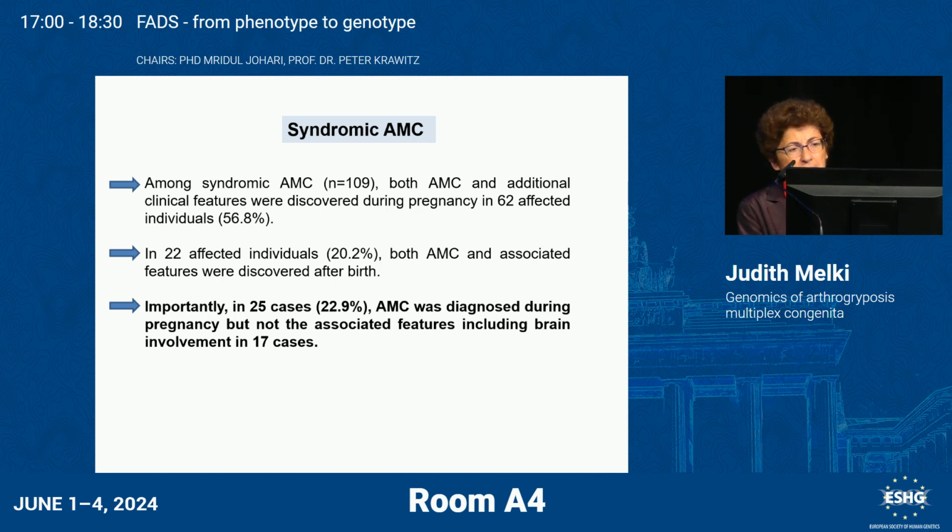And as mentioned, in 23% of cases, the AMC was diagnosed during pregnancy, but not the associated features, including brain involvement in 17 cases. And this is a critical point, I think, about the problem of syndromic AMC.